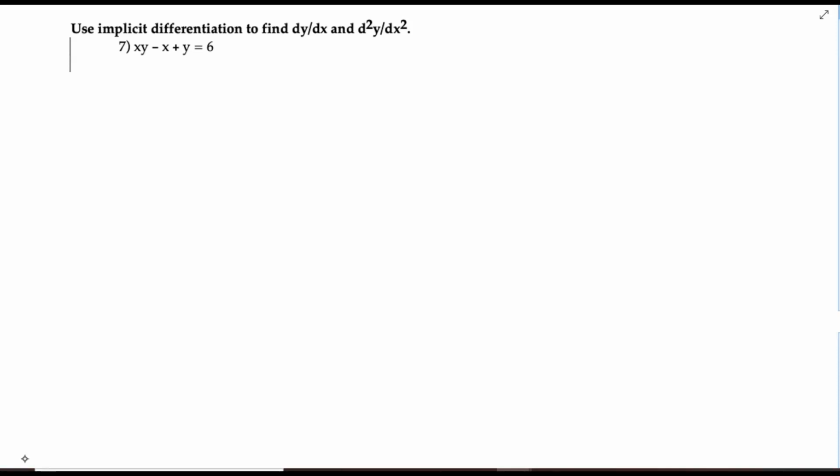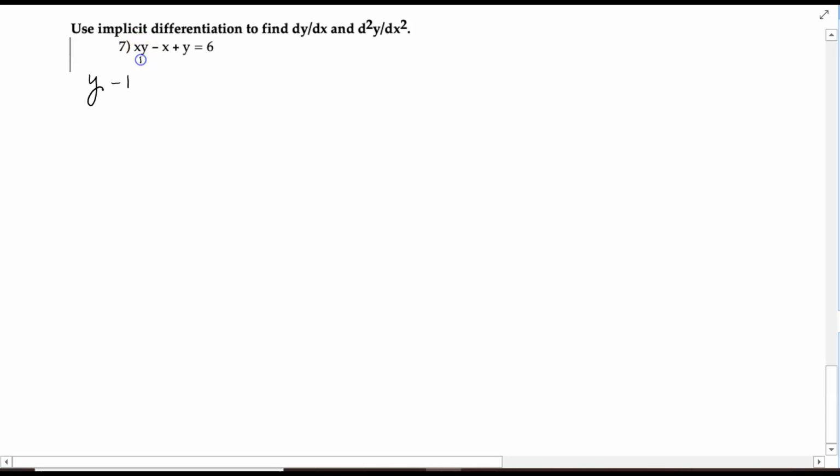So we're going to do the x treatment again as always. The derivative of xy with respect to x is just going to be y. The derivative of negative x with respect to x is going to be negative 1. The derivative of y with respect to x is 0, and the derivative of 6 is 0. So then we go back, and now we do the y treatment.